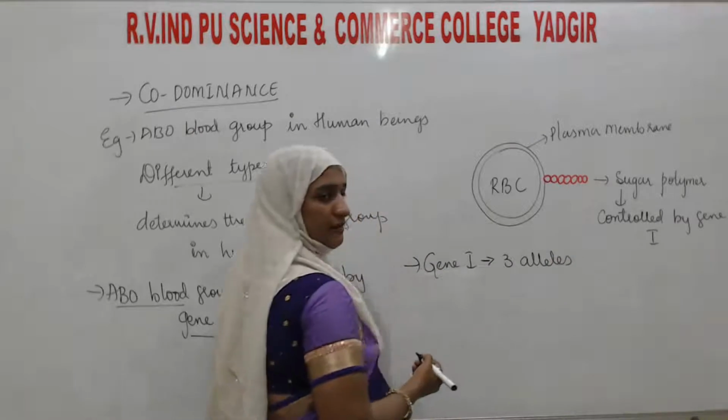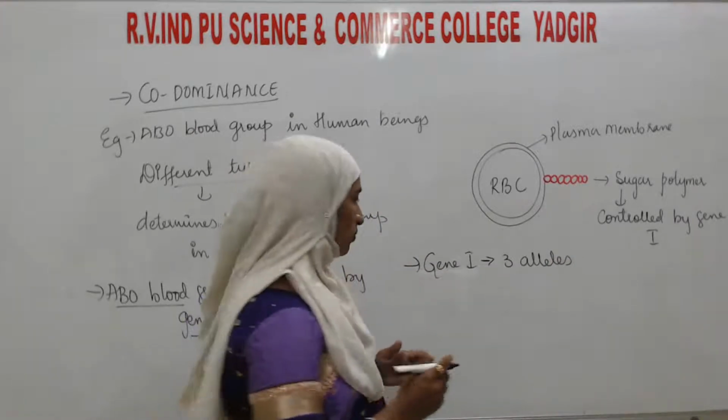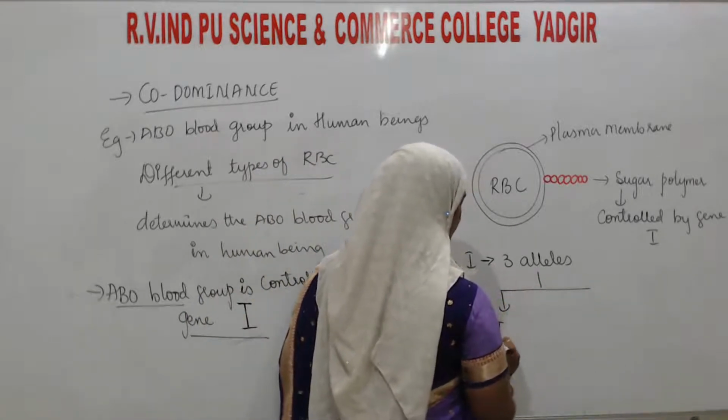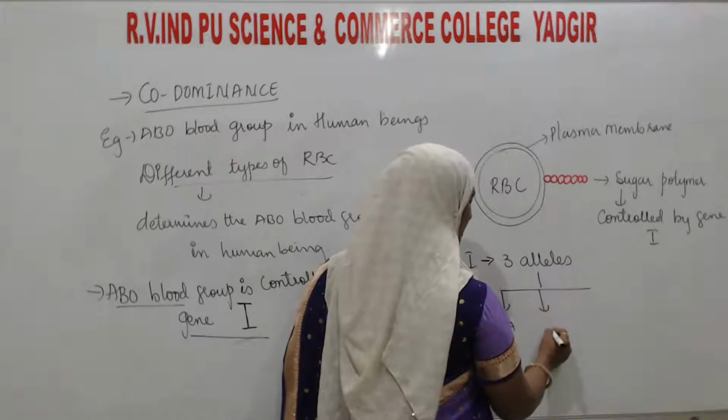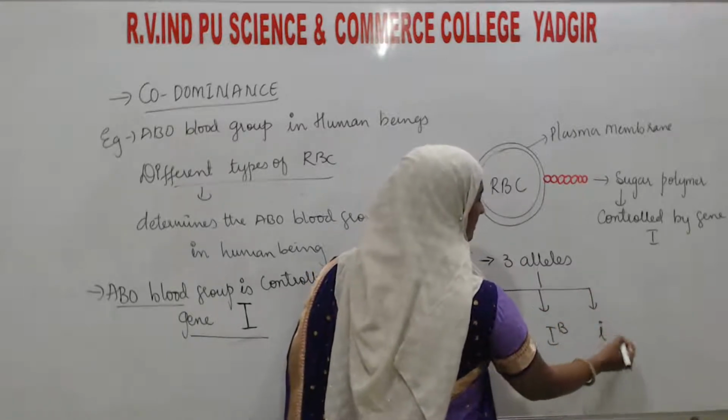How many alleles are there? 3 alleles are there. What are the 3 alleles? One is IA, another is IB, and the last one is small i.